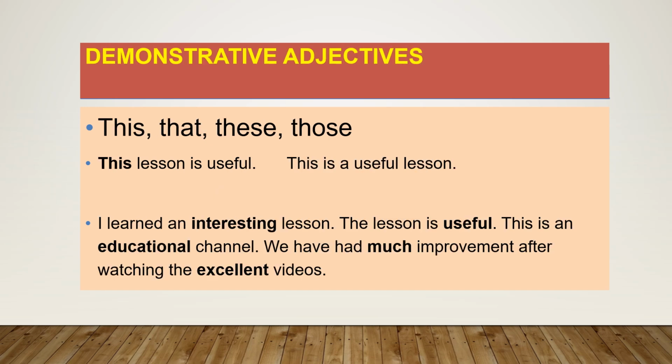Here is the fourth and the last category of adjectives we are going to do today. The words are this, that, these, and those. Once more, these same four words are also pronouns. Again, I would refer you back to the pronouns video number 2, where you will find the use of the adjective and the pronoun form.